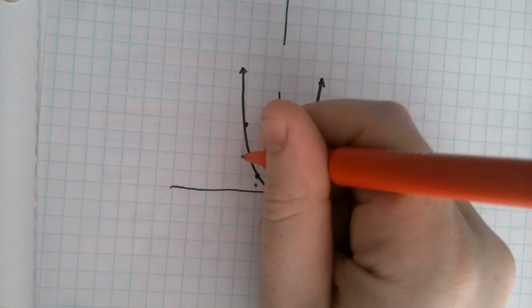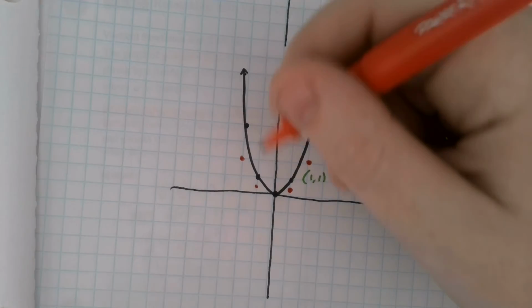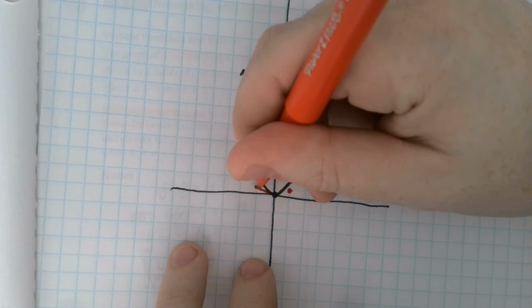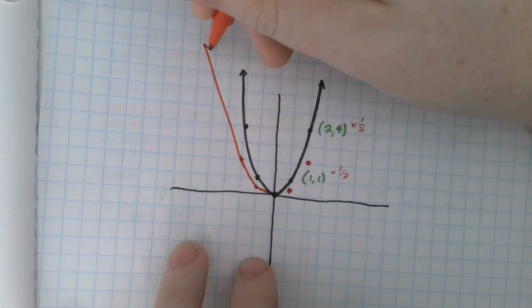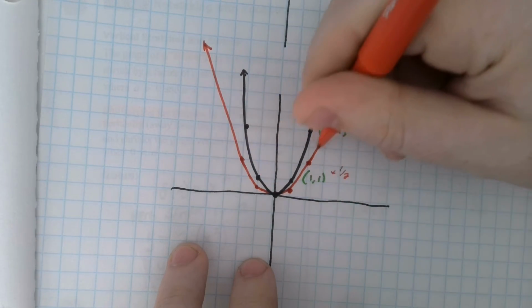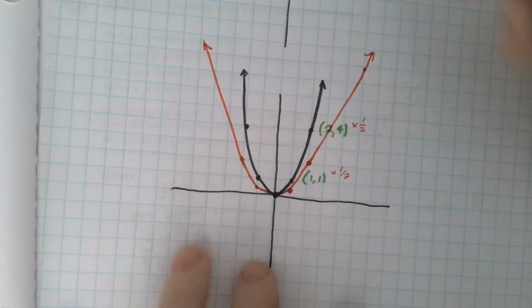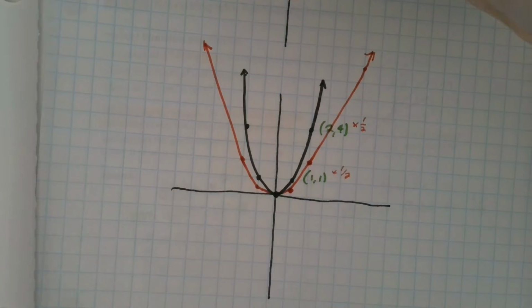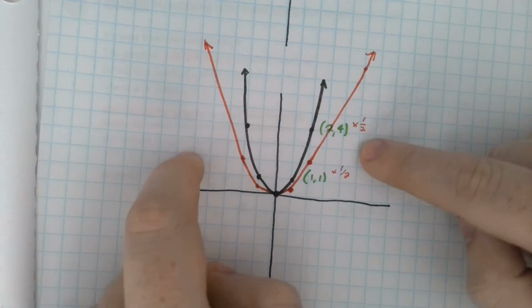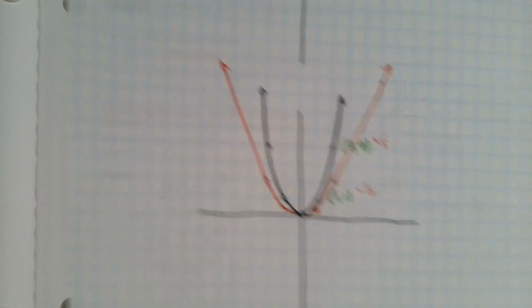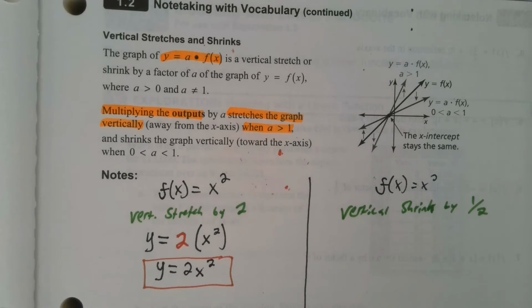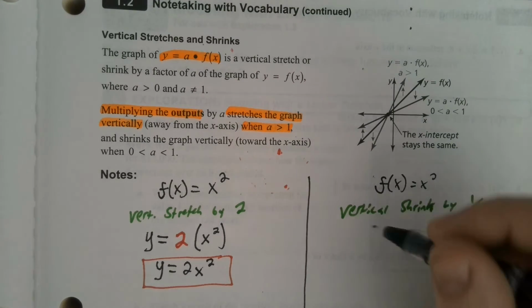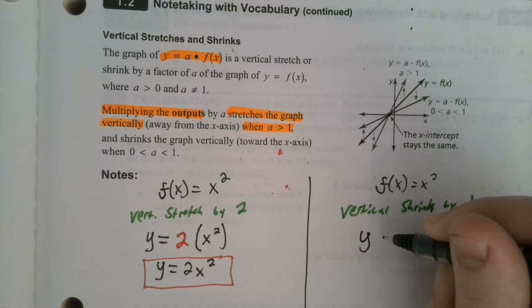We see that our graph transforms by becoming just a little bit wider, like so. Again, I apologize for my drawing skills. It becomes a little wider. It becomes less tall and gets wider. So all we're doing is multiplying our whole equation by 1/2, since we're multiplying the output, or the y values, by 1/2.